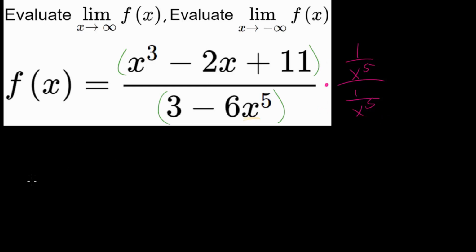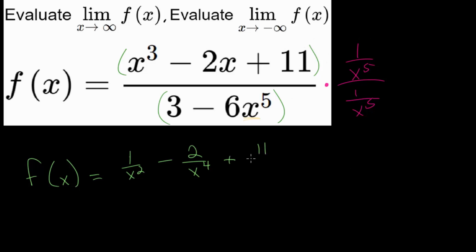From here we can rewrite our function so that we will now distribute x cubed multiplied by 1 over x to the fifth. That would just be 1 over x squared. Then we get minus 2x multiplied by this. One of the x's will cancel. We get 2 over x to the fourth, and then 11 multiplied by this.